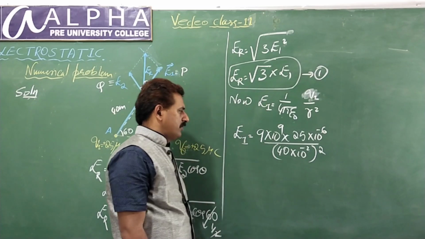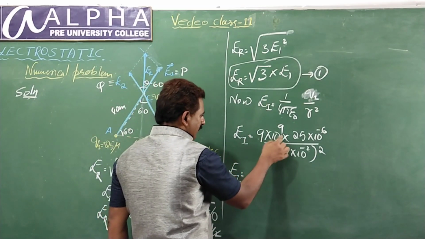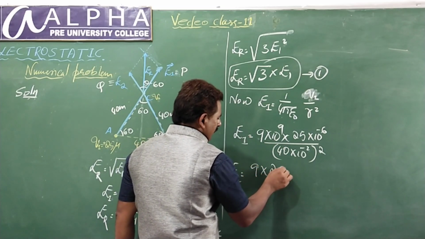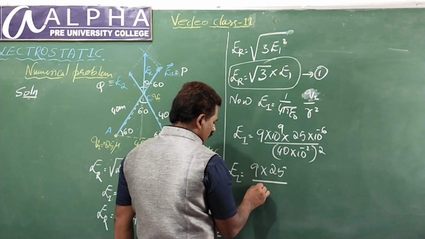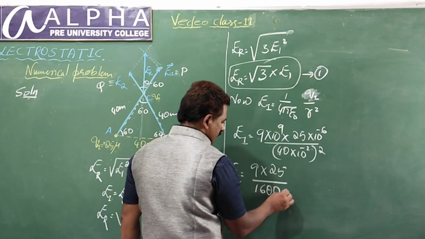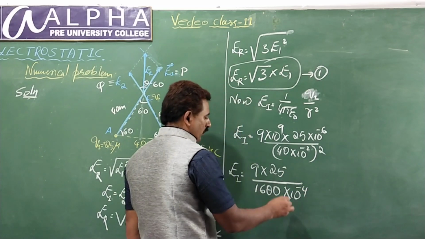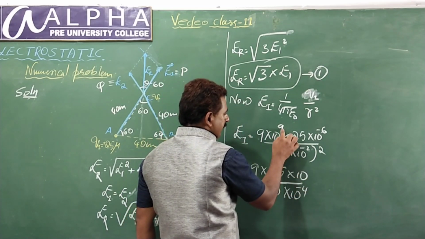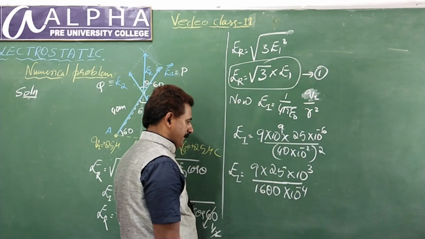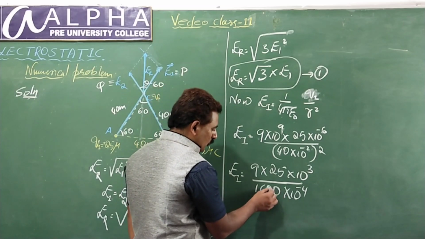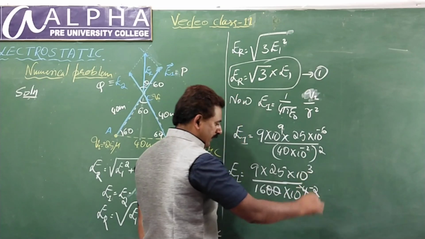That's it, students. Now you simplify it further. That is 9 into 25 divided by 40 square. 40 is 4 into 4, which is 16, 2 zeros, and 10 to the power 2 whole square, minus 4, into 10 to the power 9 minus 6. 9 minus 6 is plus 3. Now you can remove 2 zeros; if you remove 2 zeros, this term becomes minus 2.